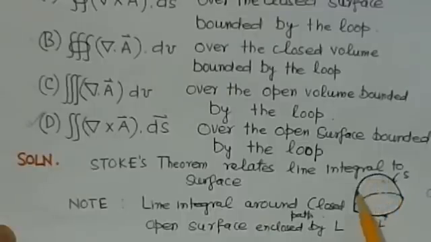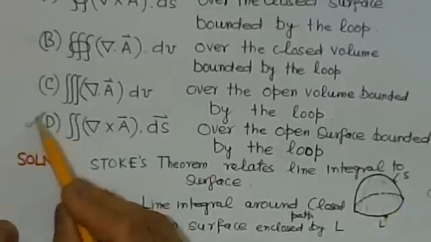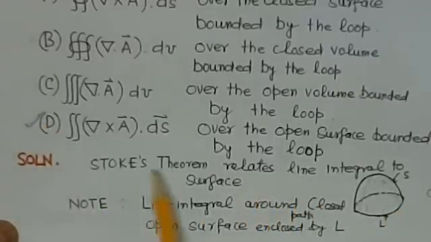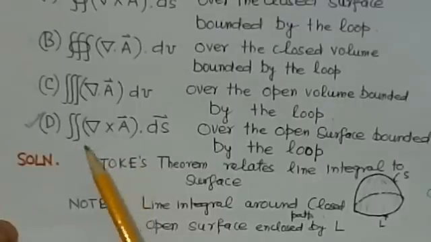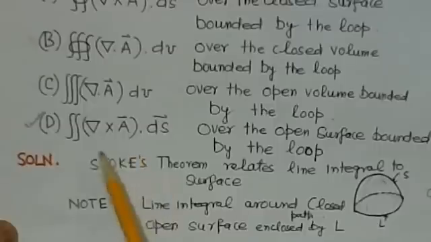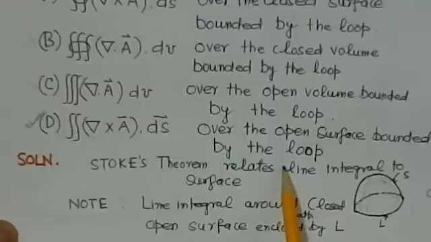And you can observe here that a cap type of figure is formed, and this surface is not a closed surface, it is basically an open surface. So the right option is the surface integral del cross A dot ds over an open surface, and that open surface is bounded by the loop. So this is the solution. The right option is D.